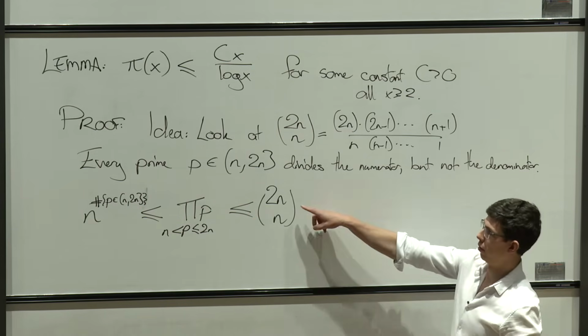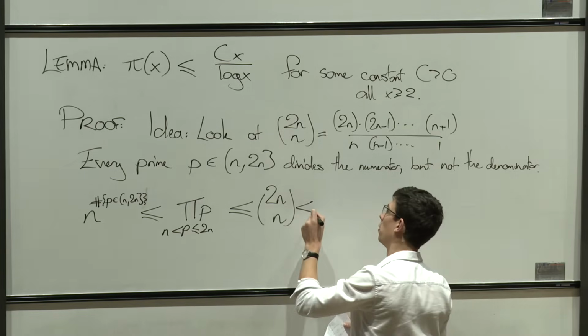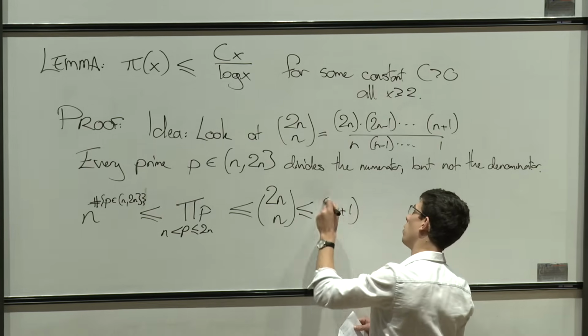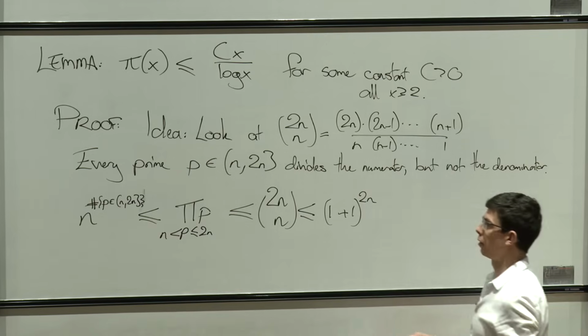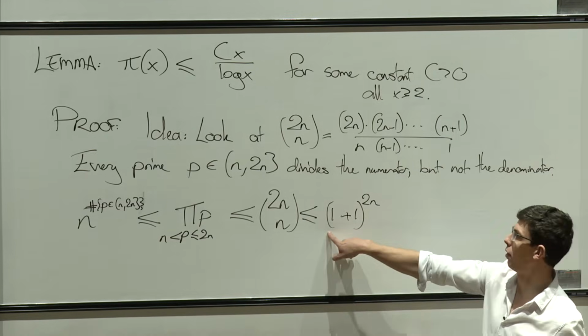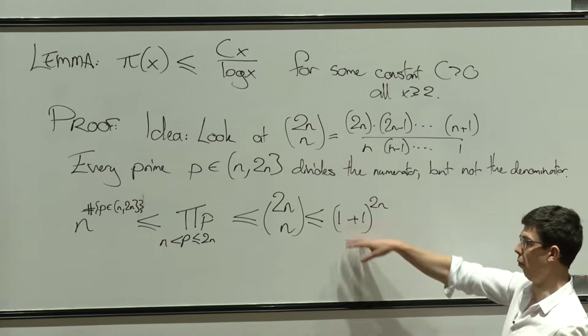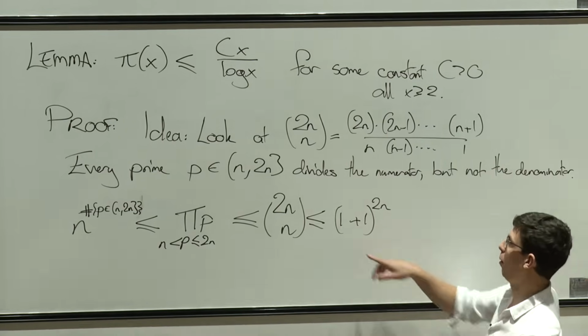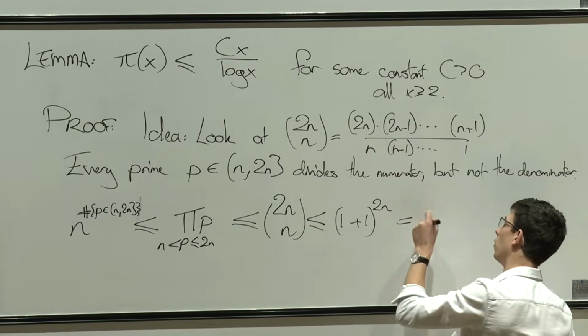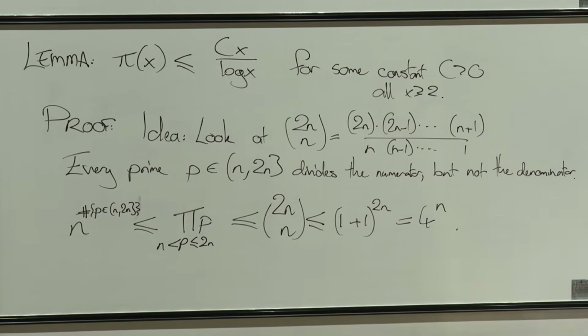On the other hand, this binomial coefficient appears as one term in the binomial expansion of (1 plus 1) to the power 2n, and all of those terms are non-negative, so it's certainly bounded above by this, which is 4 to the n.